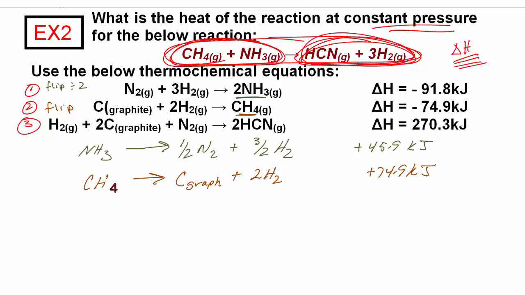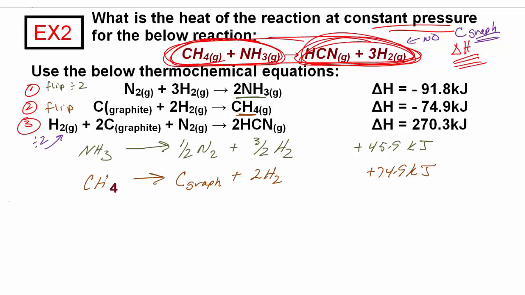In my third reaction, I see in my answer there's no C graphite. So I want to get that C graphite to cancel out. So how can I do that? I'm going to have to divide it by 2.